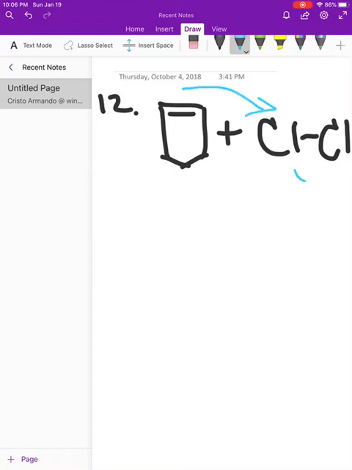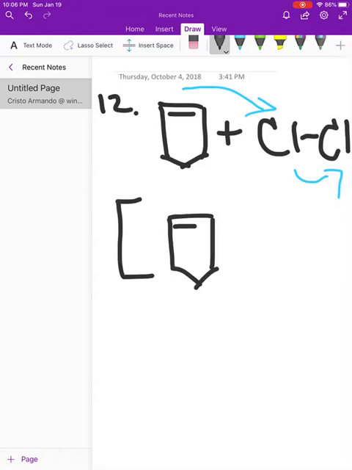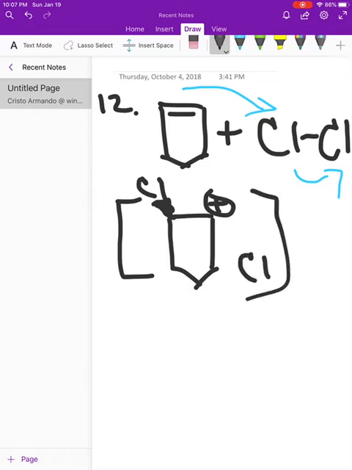So again, the double bond grabs that chlorine. That bond goes to the other chlorine and we form something like this. Right? And just like we have been learning before, the other chlorine is going to want to attack right here.